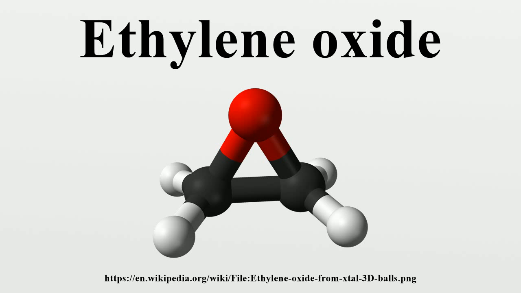Dimerization: in the presence of acid catalysts, ethylene oxide dimerizes to 1,4-dioxane. The reaction mechanism is as follows. The dimerization reaction is not selective, and there are always byproducts, such as acetaldehyde.